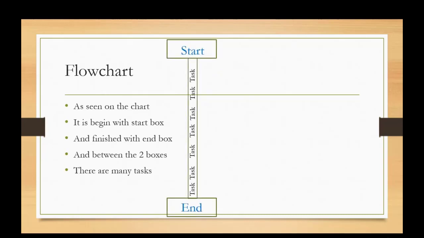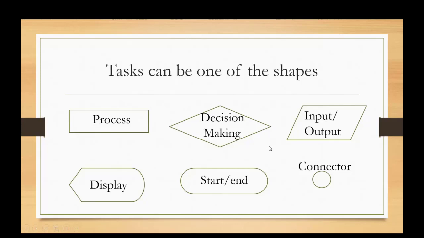As seen on the chart, it begins with a start box and finishes with an end box, and between the two boxes there are many tasks you can give to the computer. It is start, many tasks, and then end. Tasks can be one of these shapes.